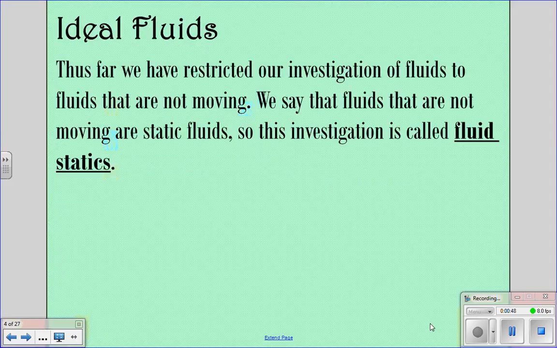Today. So for ideal fluids, thus far we have restricted our investigation of fluids to fluids that are not moving. If a fluid is not moving, they're called static fluids, and so the investigation is called fluid statics. So if you're going to take a class in college on fluids that are static fluids that are not moving, the course would be called fluid statics.